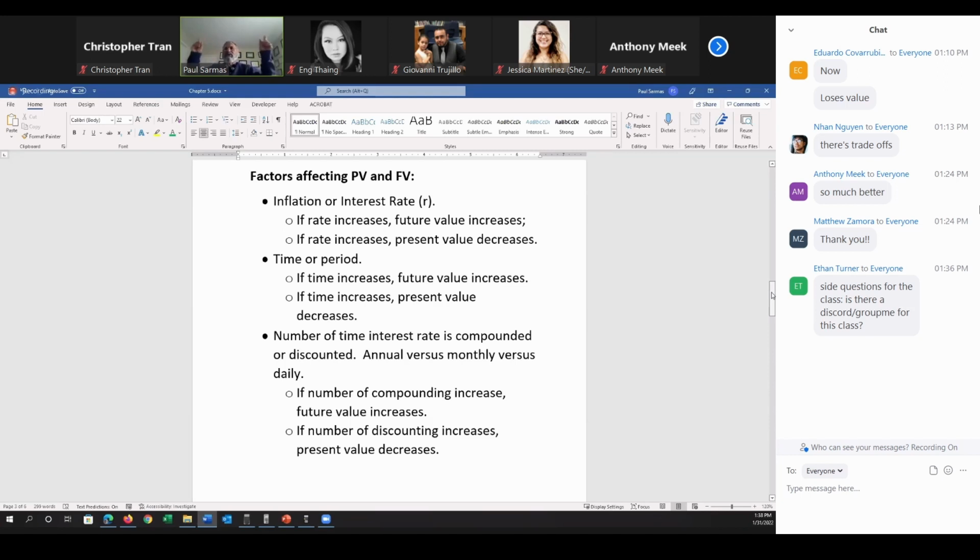The longer the period of time, the smaller the present value. My period of time is short, my present value is high to get $10 million. Jessica's time period is long, her present value is small to get $10 million.